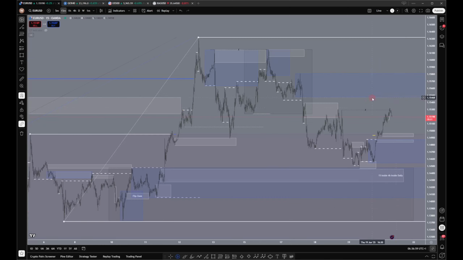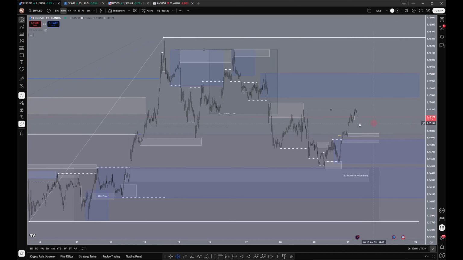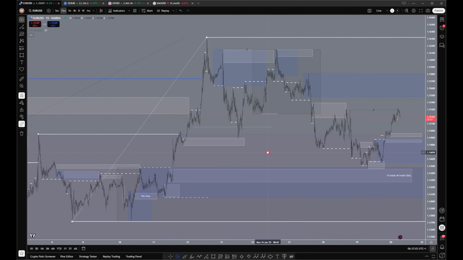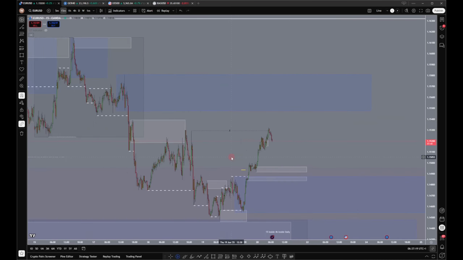Okay, let's look at the 15-minute. So on the 15-minute, we can see that the swing structure is bullish. We've had bearish internal and bullish internal, now bearish internal, and now we've flipped bullish again.